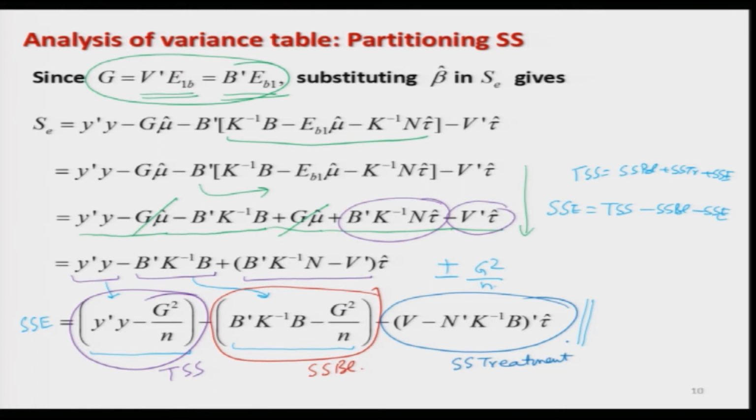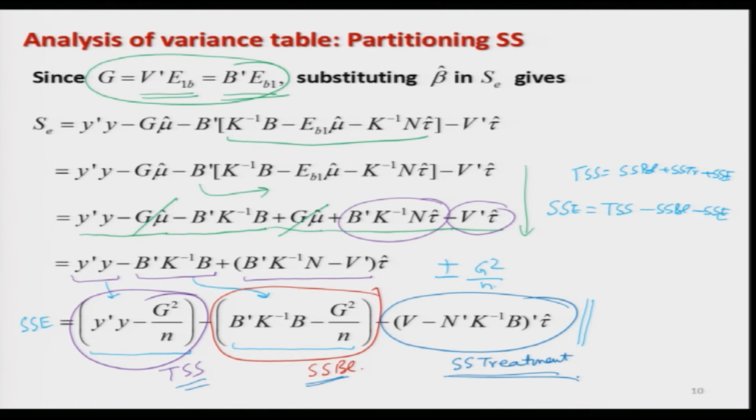So, now you can see that in the case of complete block design analysis, you had obtained the same expression, but if you try to compare with this case, then TSS and SS block have a similar structure, but sum of square due to treatment is changing.